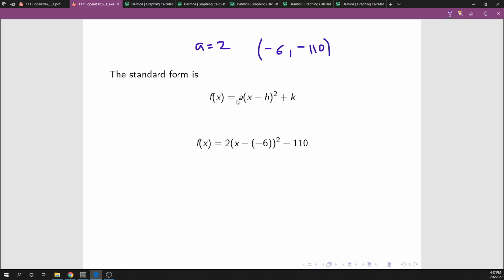Okay, and so we just plug the 2 in for A, the negative 6 in for H, and the negative 110 in for K. And about the only thing that we really probably should do here is rewrite that inside as x plus 6. Just looks a lot simpler and cleaner, right, than x minus a negative 6 inside there. And so that's it. We have this one written in the standard form.